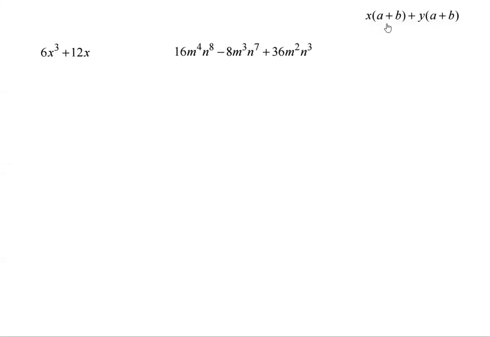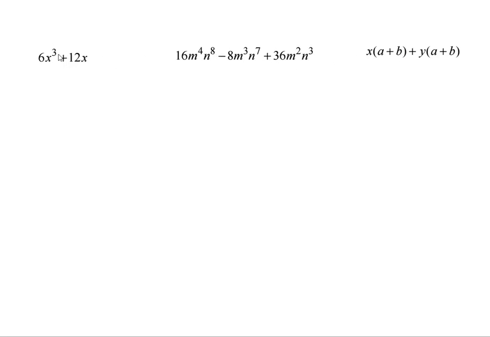Now, when you are doing factorization, you are bringing in brackets. Previously, we were doing expansion where we needed to remove the brackets. Now we need to introduce brackets because when you're factorizing, we are expressing whatever expression we are given as factors.